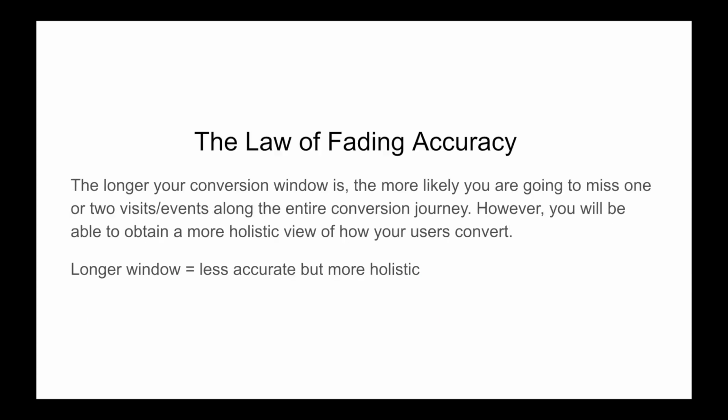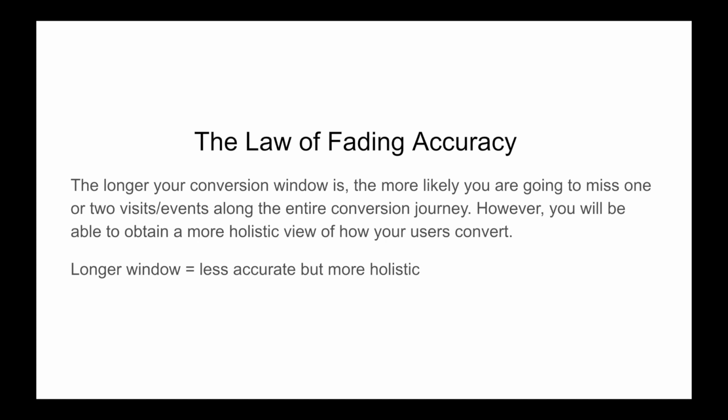The law of fading accuracy. The further back your attribution window is, the more likely you're going to miss one or two visits along the way. Something is going to be misattributed or unattributed, simply due to cookie mistakes and a variety of other issues. However, the longer your attribution window is, the more holistic your entire analysis is.